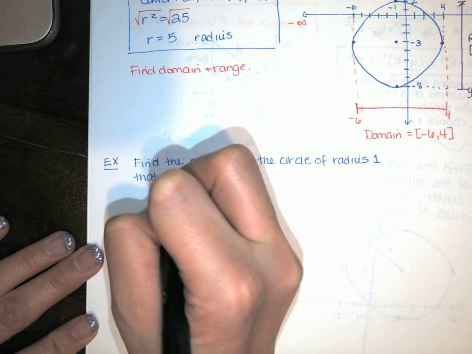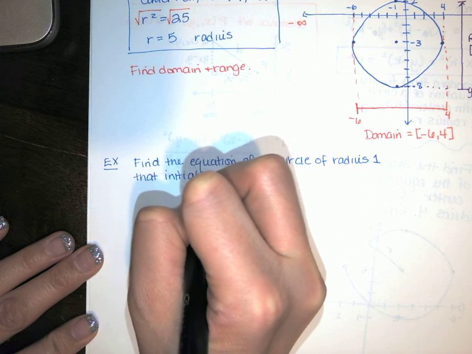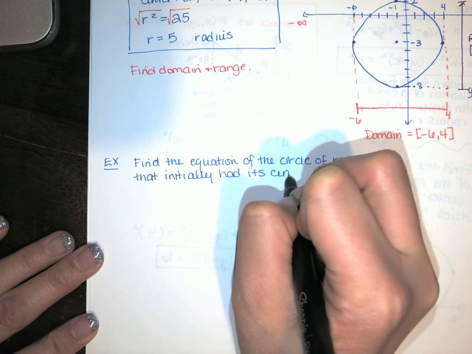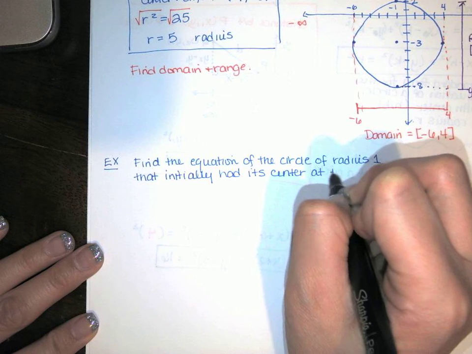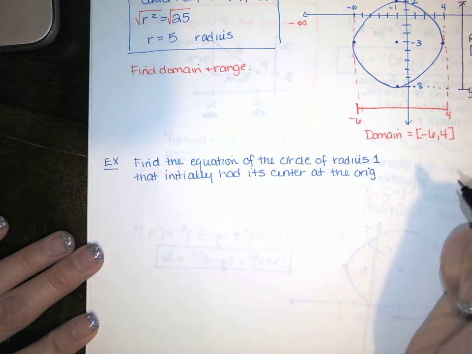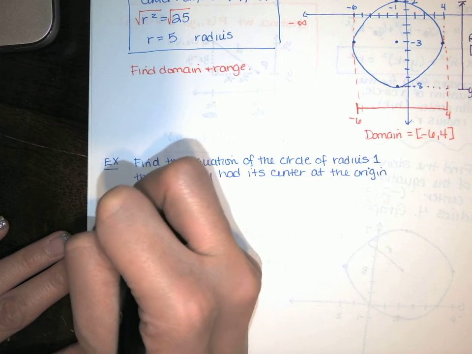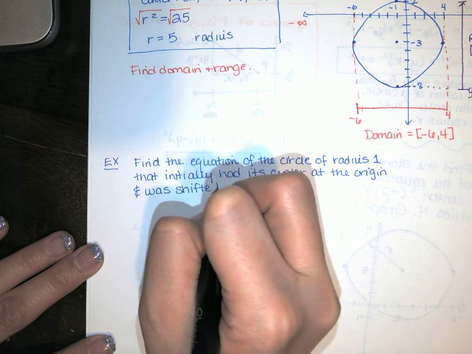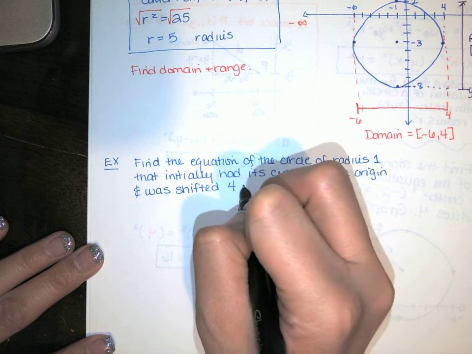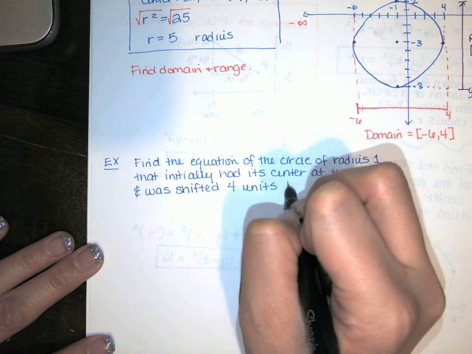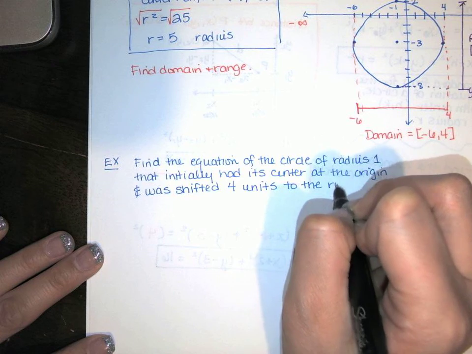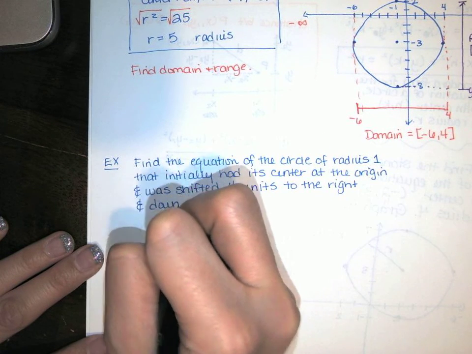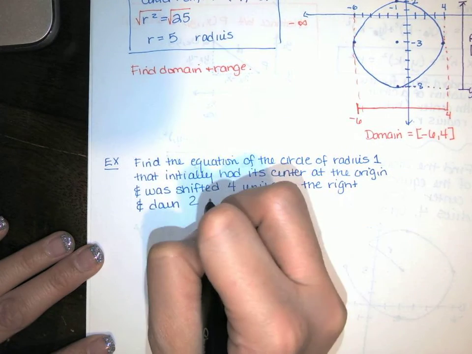So it initially had its center at the origin, and was shifted 4 units to the right and down 2 units.